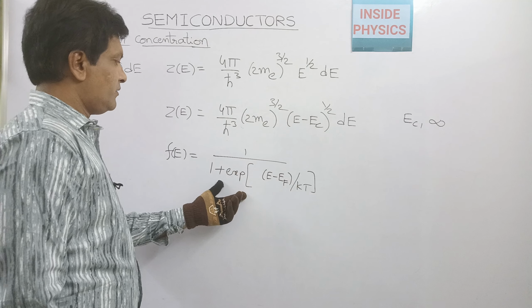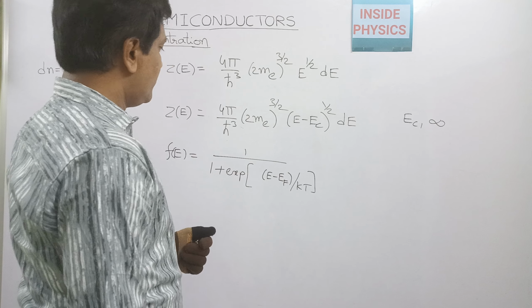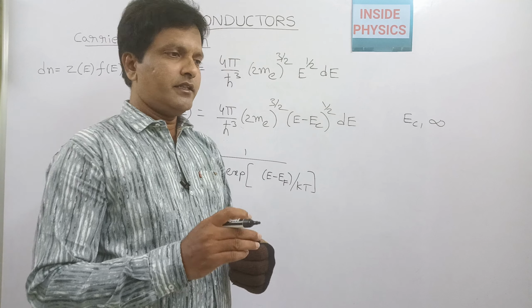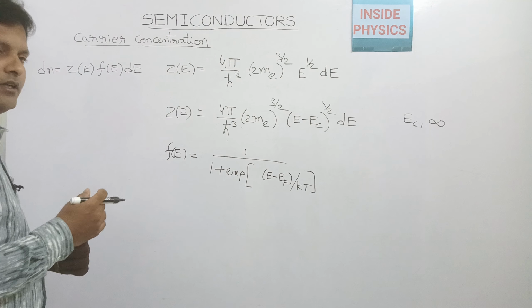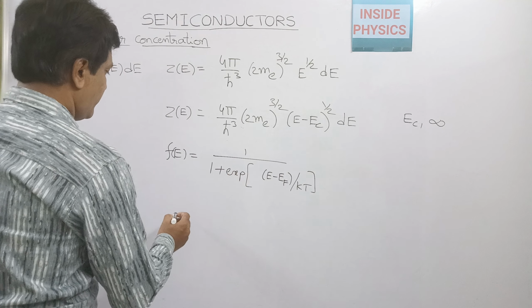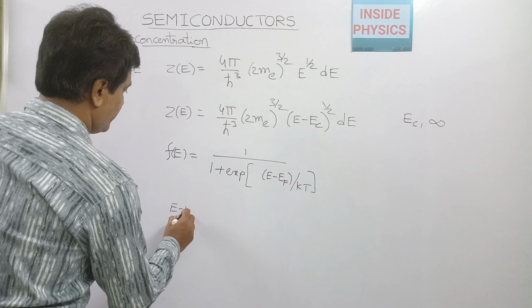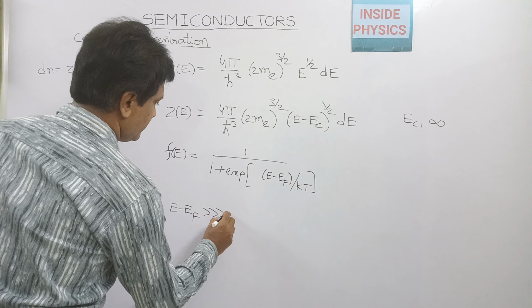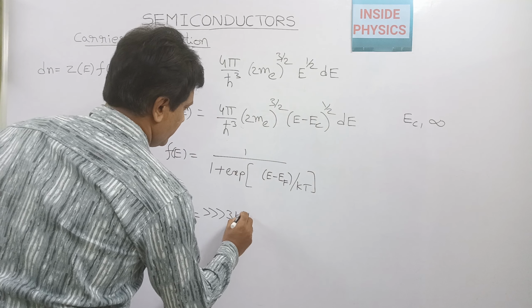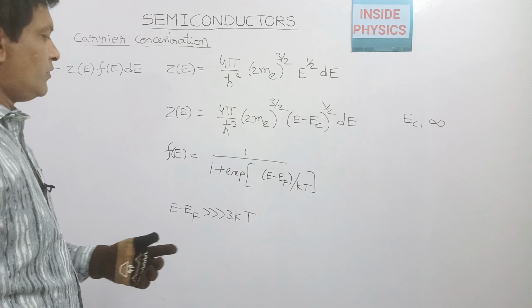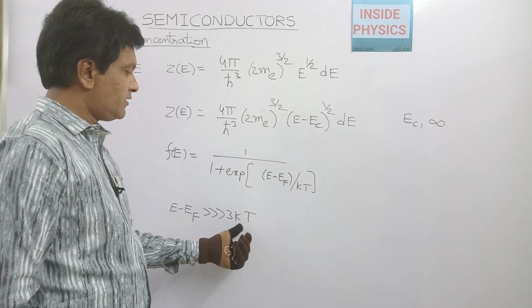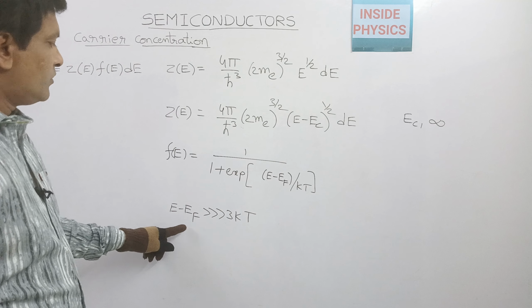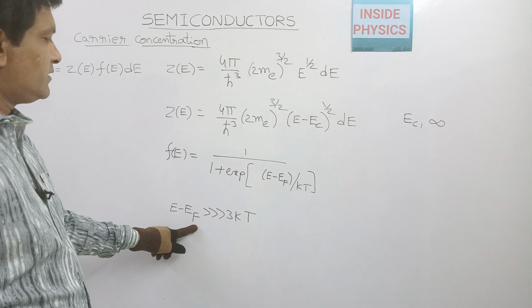If you observe here, if the available electrons in the conduction band are very less compared to the available energy levels, we can write E minus EF far greater than 3 kT. As per the Boltzmann function, k is the Boltzmann constant, T is the absolute temperature of the material, and EF is the Fermi energy level.